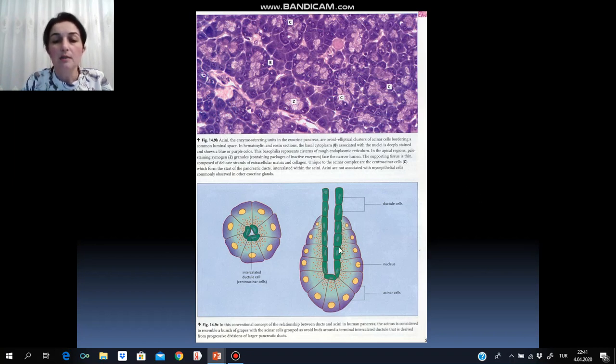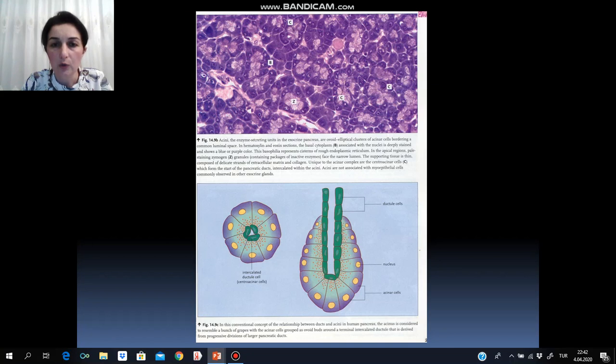If these secretory cells produce enzyme-rich fluid, then centroacinar cells will produce bicarbonate-rich fluid, and it will be produced in response to those hormones. So the exocrine pancreas will produce two types of fluids. First, enzyme-rich fluid. Second, alkaline bicarbonate-rich fluid.